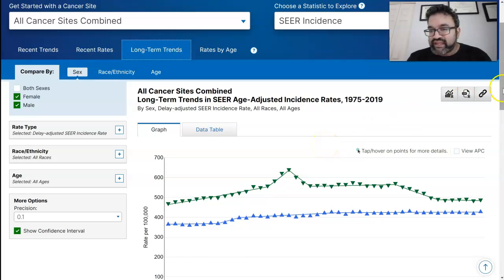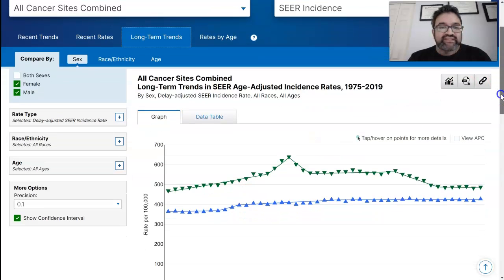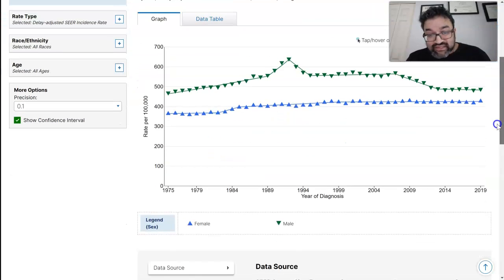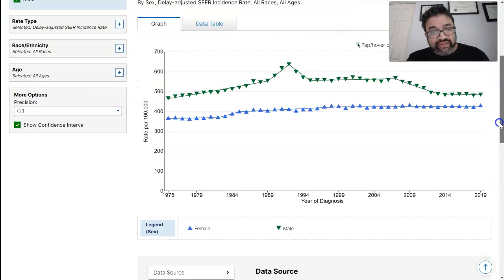The first thing that you're looking at right here is the all cancer sites combined long-term trends in SEER age-adjusted incidence rates. And this is all the way from 1975. So taking a look at cancer all the way from then till now, there haven't been improvements, and this is alarming.